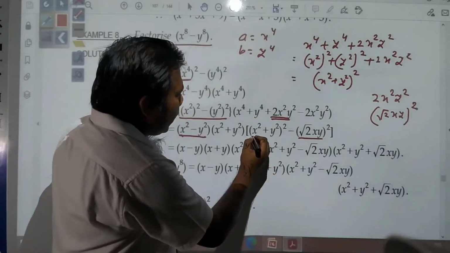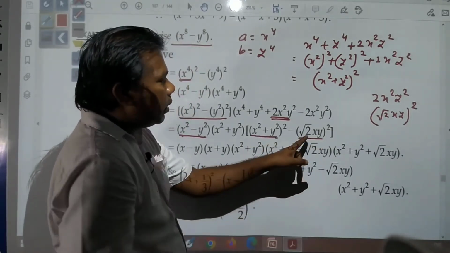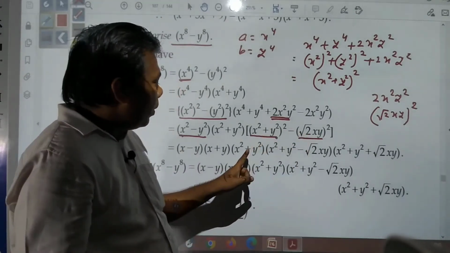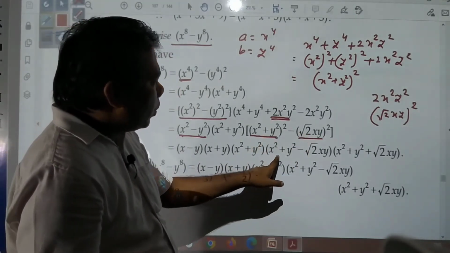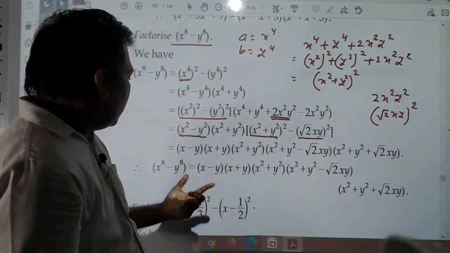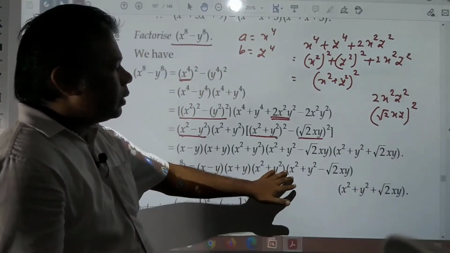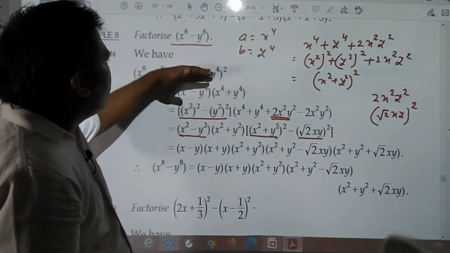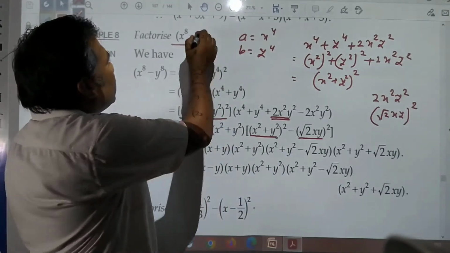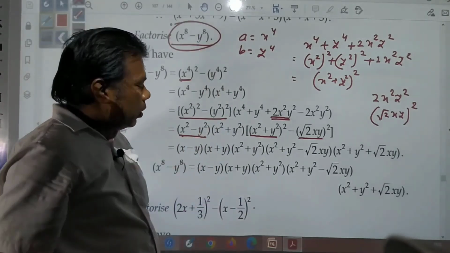So here this you have got a and this is your b. So a square minus b square is equal to a minus b into a plus b. So a minus b into a plus b you have got, and finally this is your answer. So in this way this question is required to be solved. You go through, practice properly, because this is very important for exam also.